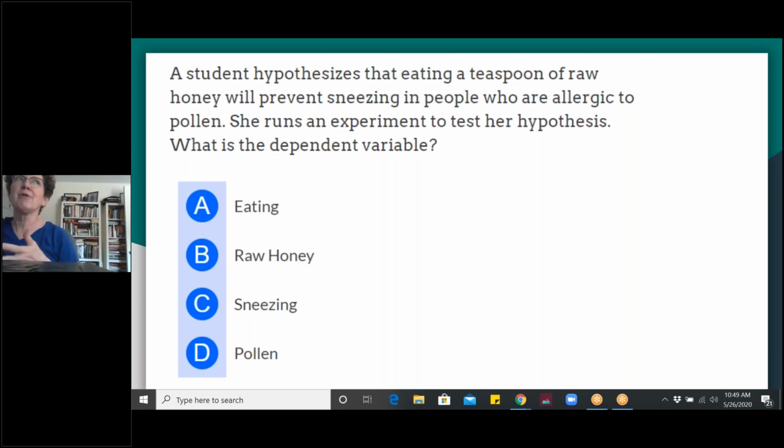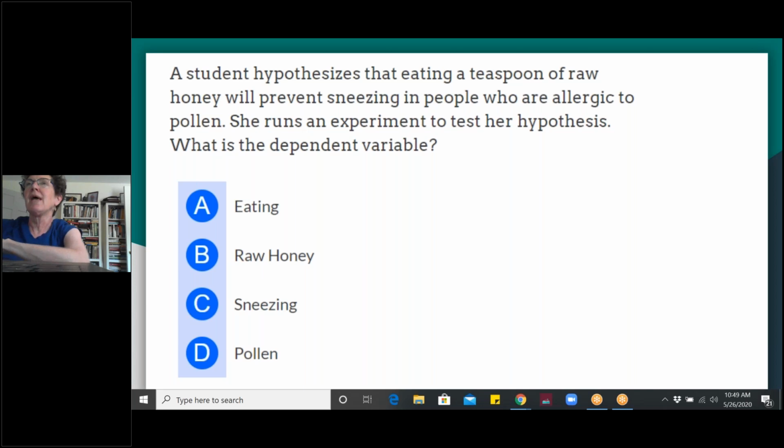And then her experimental group, what does she change? What does she manipulate? She gives them the raw honey. So that's the one thing she does differently to that group, give them raw honey. So that's the independent variable. The raw honey is the independent variable.